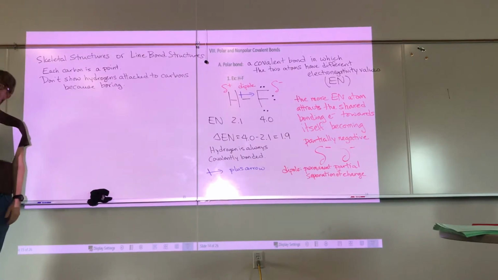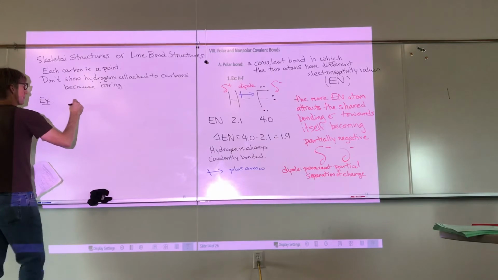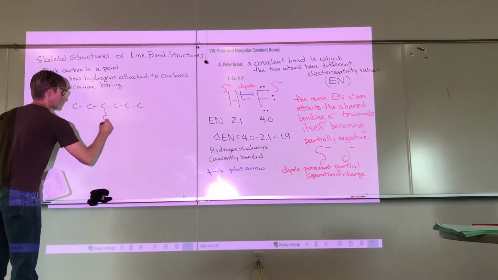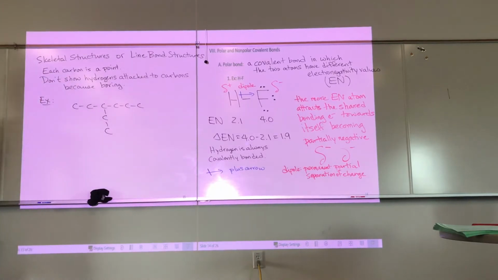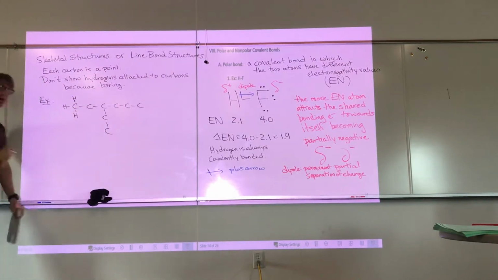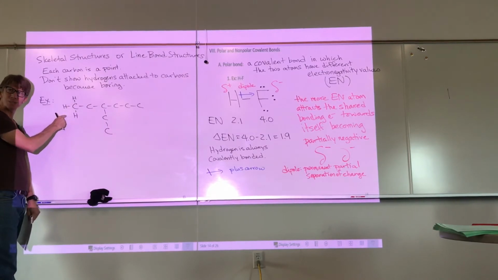Let's start with a medium-sized molecule example. Something like this, where I'm showing all the carbons. For this molecule, we'll draw, since this will be the Lewis structure, it'll show all the atoms, all the bonds. Carbon will always have 4 bonds.